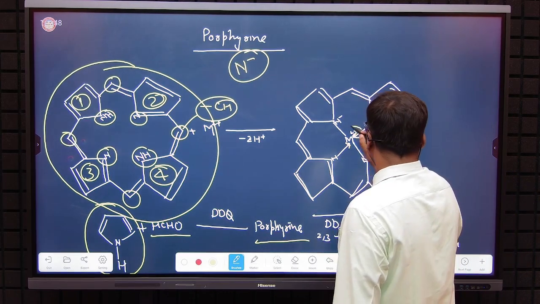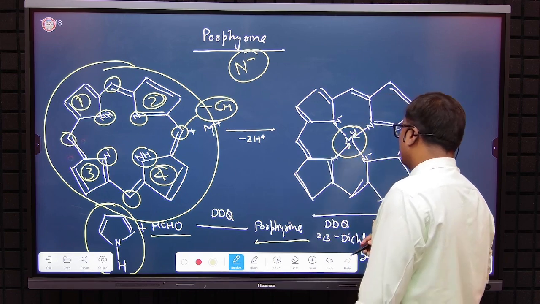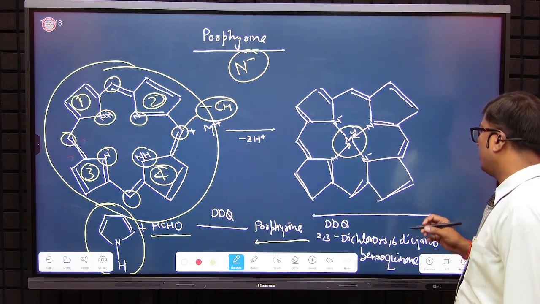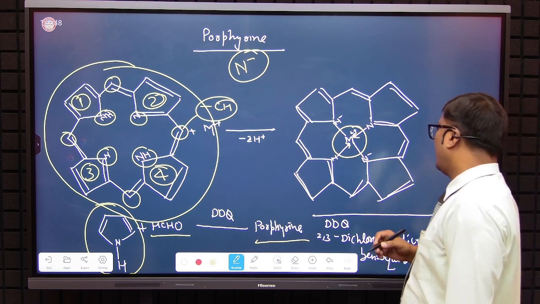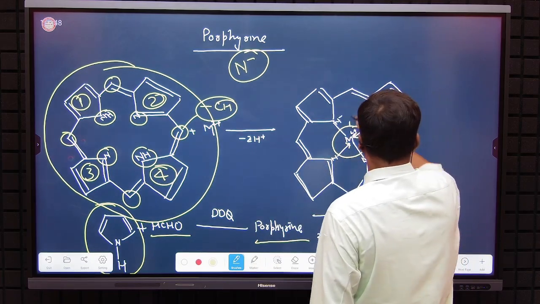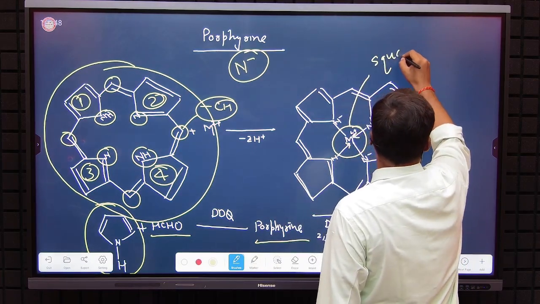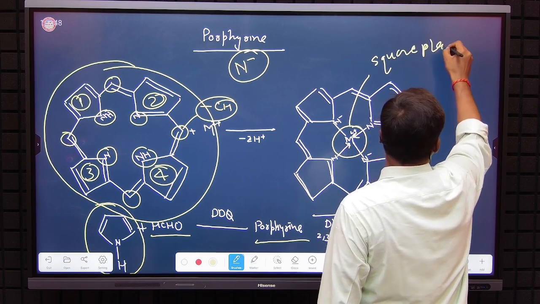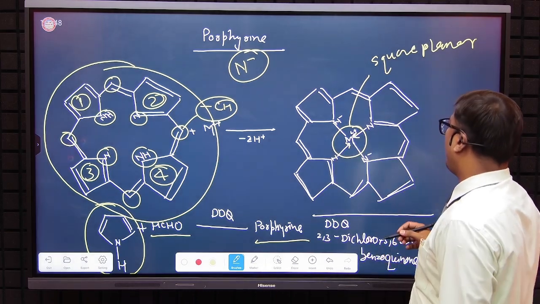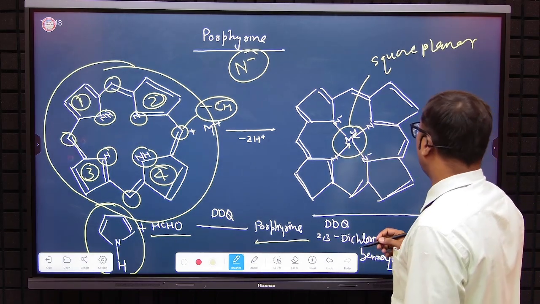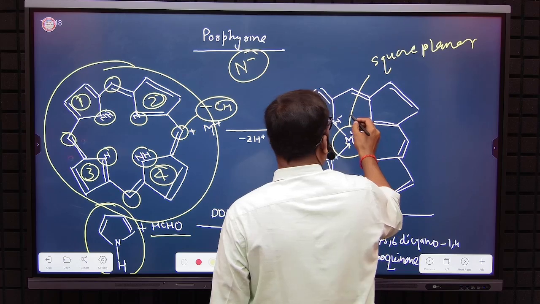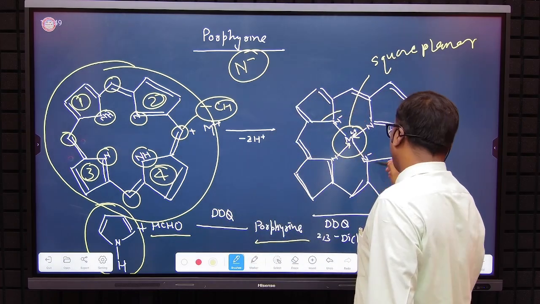In this way, this metal 2 plus attains 4 bonds around itself, and hence this is actually square planar. So once porphyrin is attached with a metal dication, it attains a square planar geometry, right?